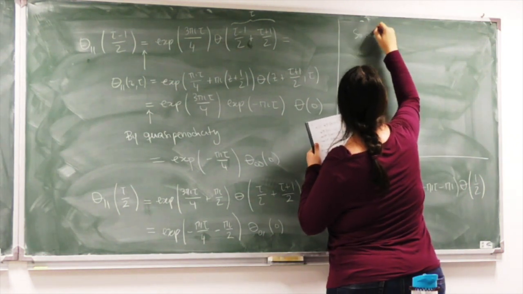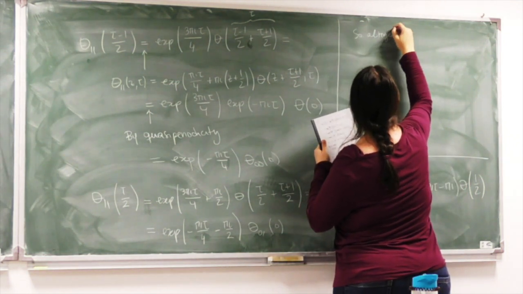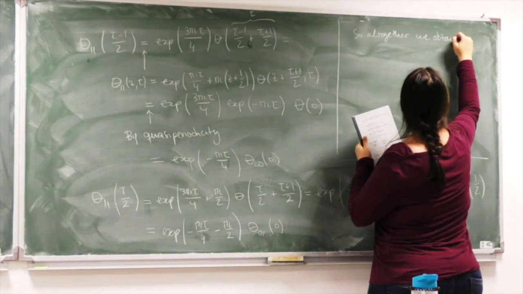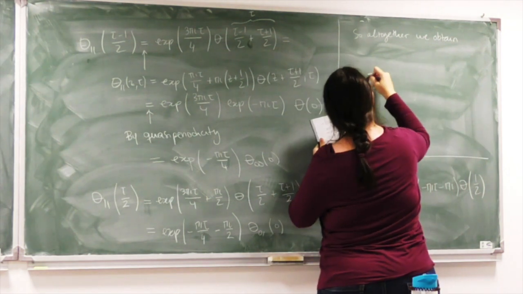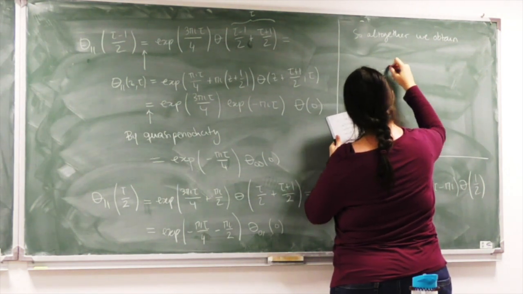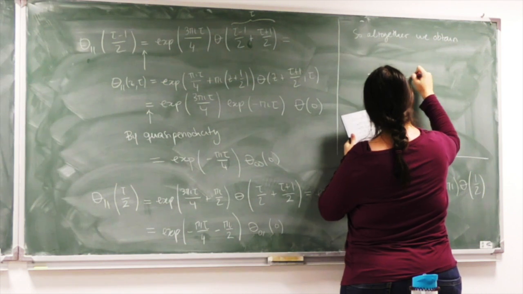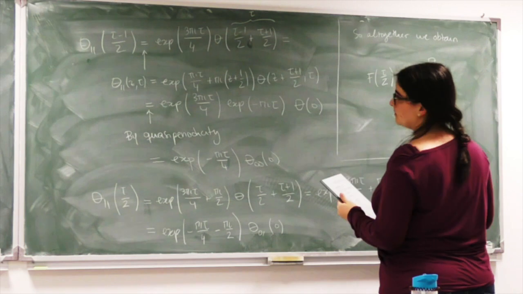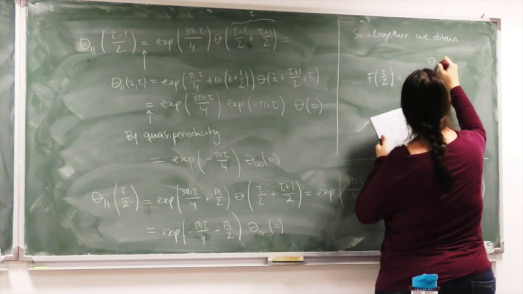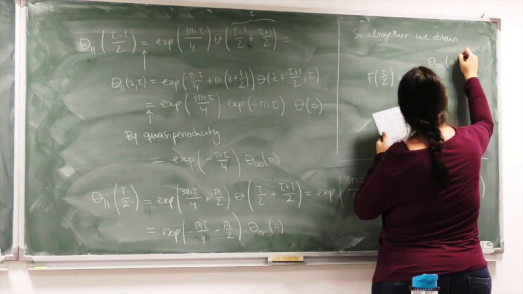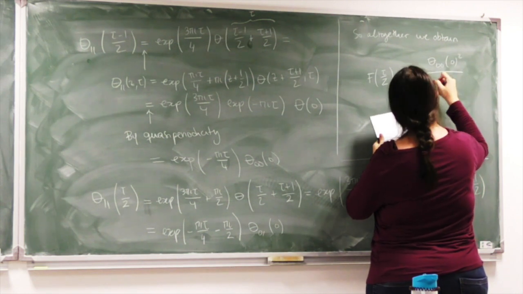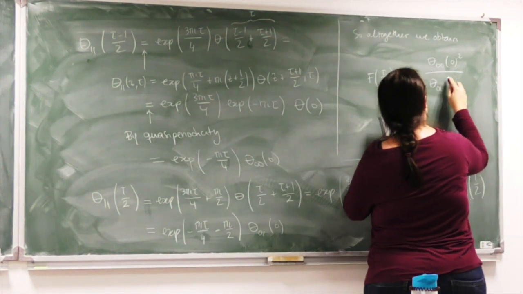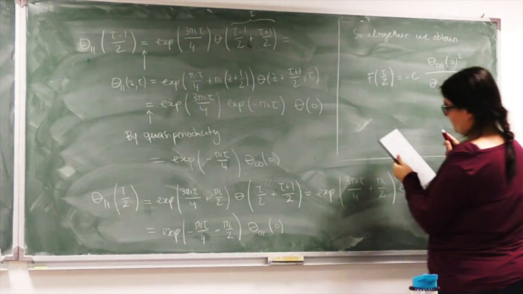So all together, we obtain f of tau divided by 2 equal minus c theta 0, 0, 0 squared divided by theta 0, 1, 0 squared.